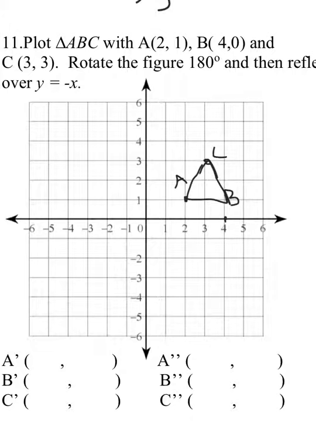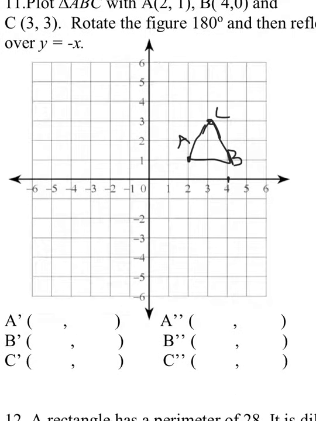Rotate the figure 180 degrees. Write the new points. So, again, a 180 degree rotation is going to keep the numbers the same, but change signs. So the 2 and the 1 stay in the order, but they change signs, to -2, -1 for A.